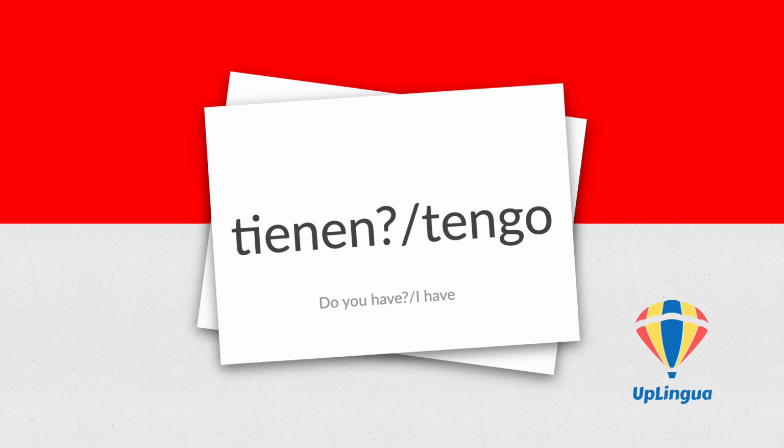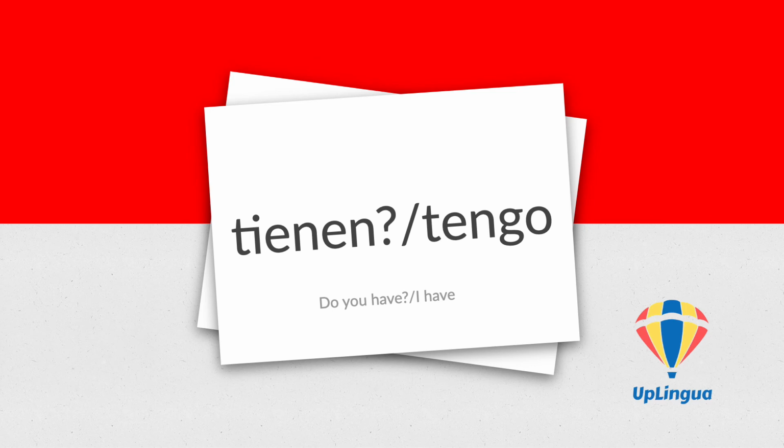Tienen or tengo. Tienen is do you have? Tengo is I have. Tienen, think of Tiananmen Square. Nen is men, but just pronounced with an N in front of it, so tienen.